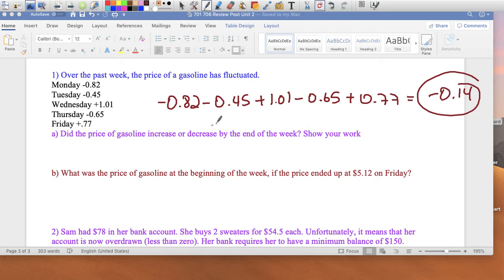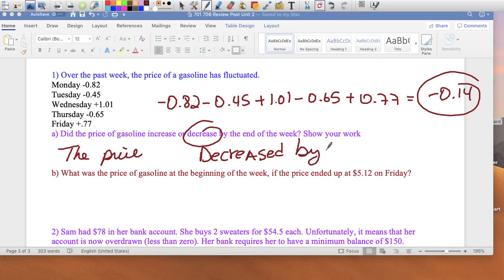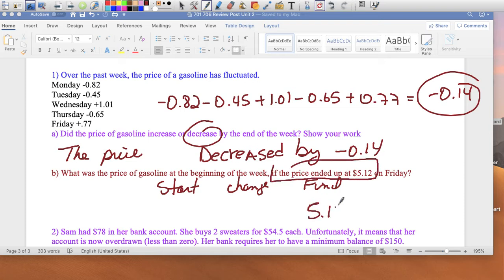So, did the price increase or decrease? It decreased. Okay. The price decreased by negative 0.14. So again, we have a start, we have a change, and we have final. This says the final price is 5.12. What was the change? Negative 0.14.